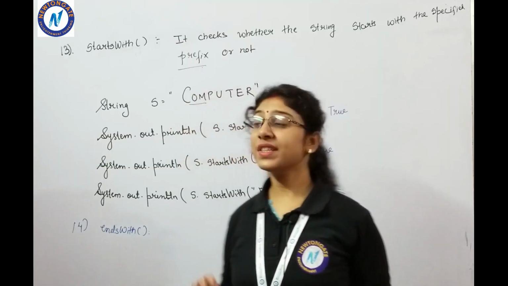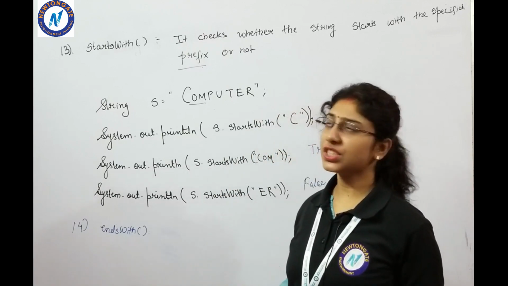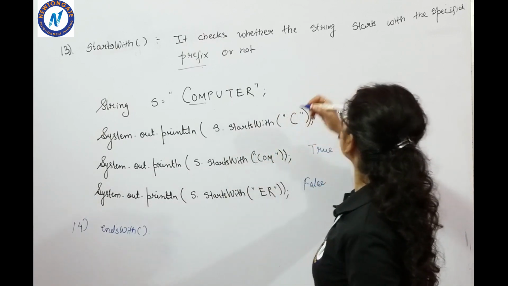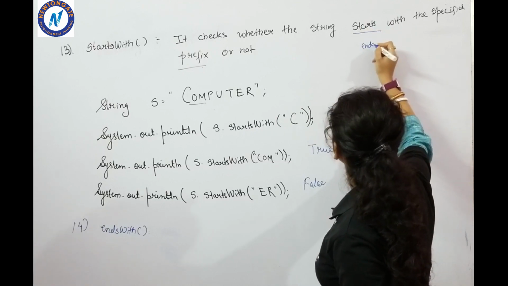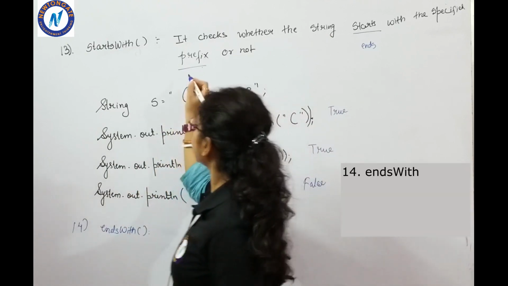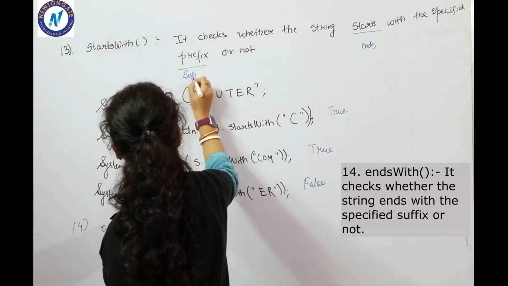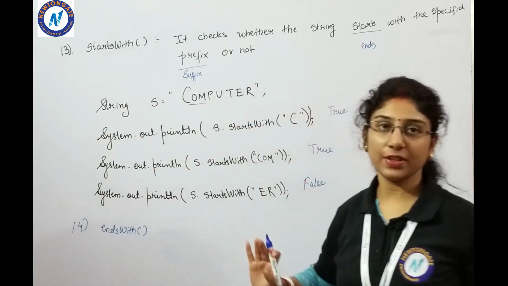Now the next function is the endsWith function, which is just the opposite of startsWith. Just two modifications we have to make. In this it checks the end instead of the start, and your prefix will become suffix. It will check the last segment. Okay. So these are the only changes we will make in case of endsWith.